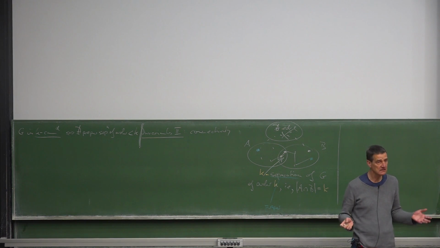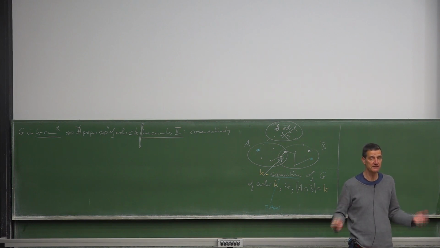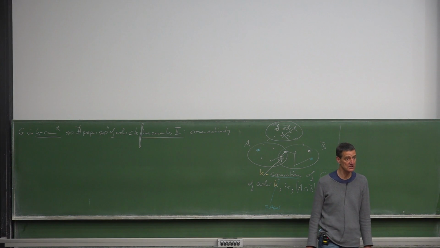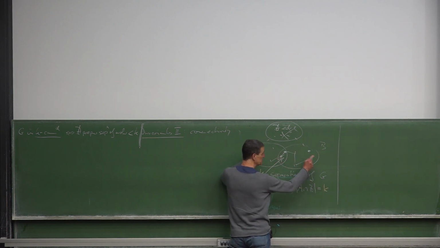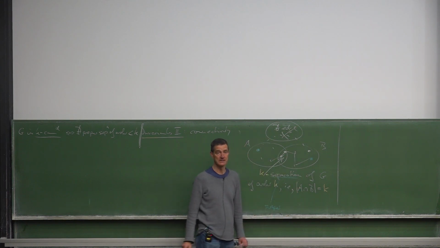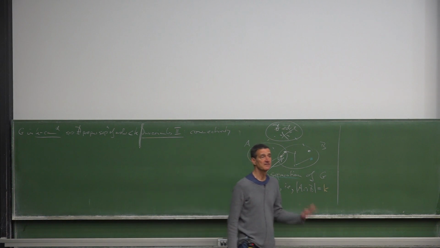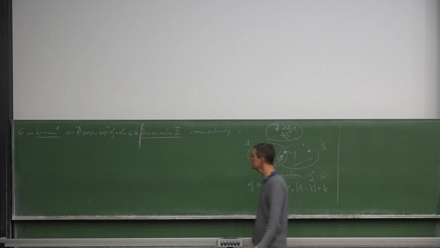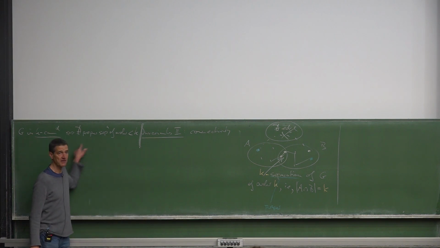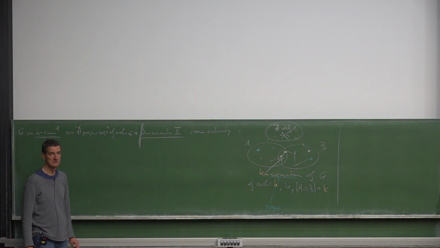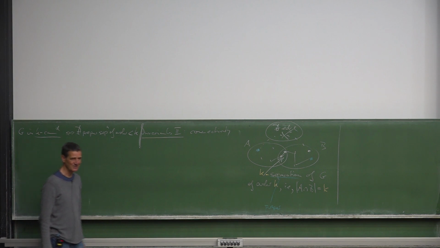A Kn, a complete graph on any number n of vertices, has no proper separation at all, because as soon as you have a vertex in A minus B and a vertex in B minus A, in a complete graph they're adjacent, but they're not allowed to be. Right? So complete graphs don't have proper separations, which means that every complete graph always satisfies this, no matter what K is. And that's a bit odd.